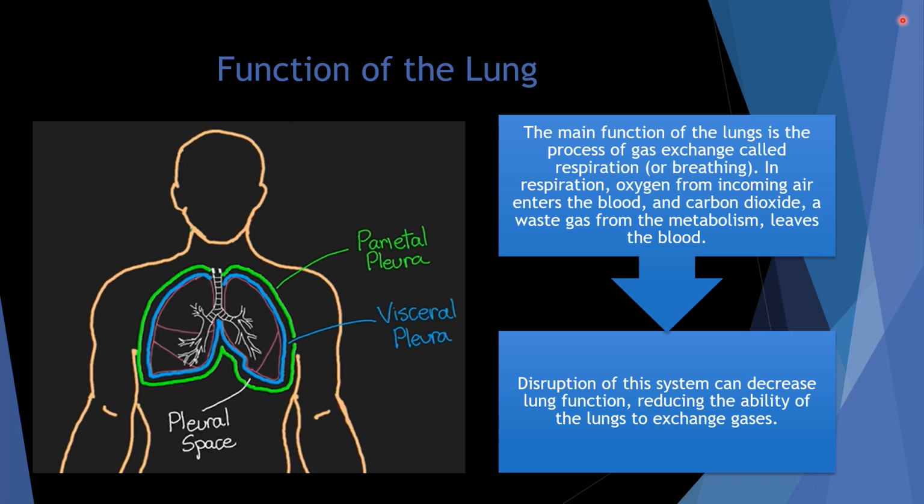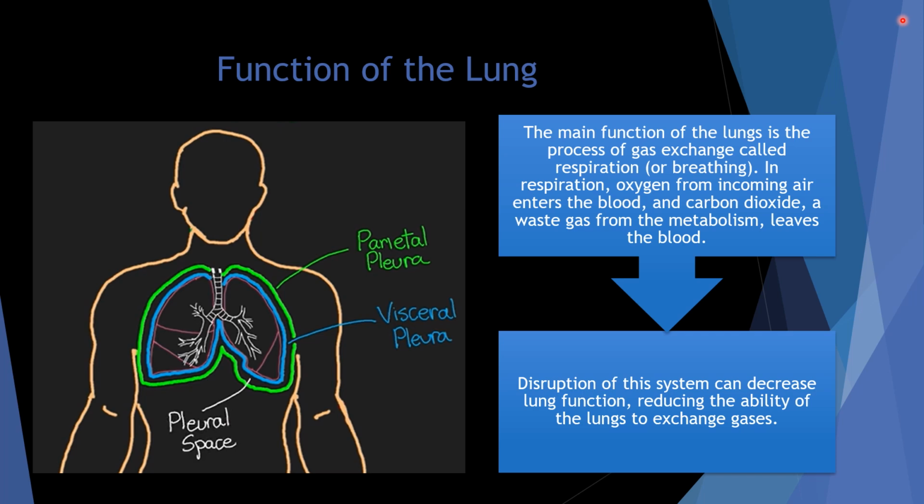So when we breathe, we contract our chest muscles, which expands the lung. What that does is it decreases the pressure within the lung, thereby drawing air in from the atmosphere. And that, like I said, is 760 millimeters of mercury.